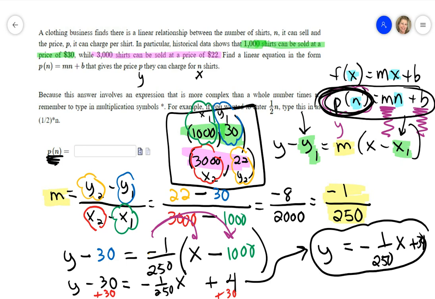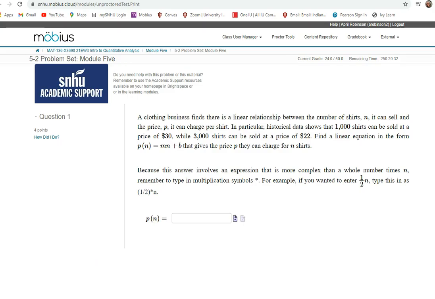So you just type in the -1 over 250 n plus 34. I will jump back to this. Okay, it's not giving me the symbol where I can type in a fraction.